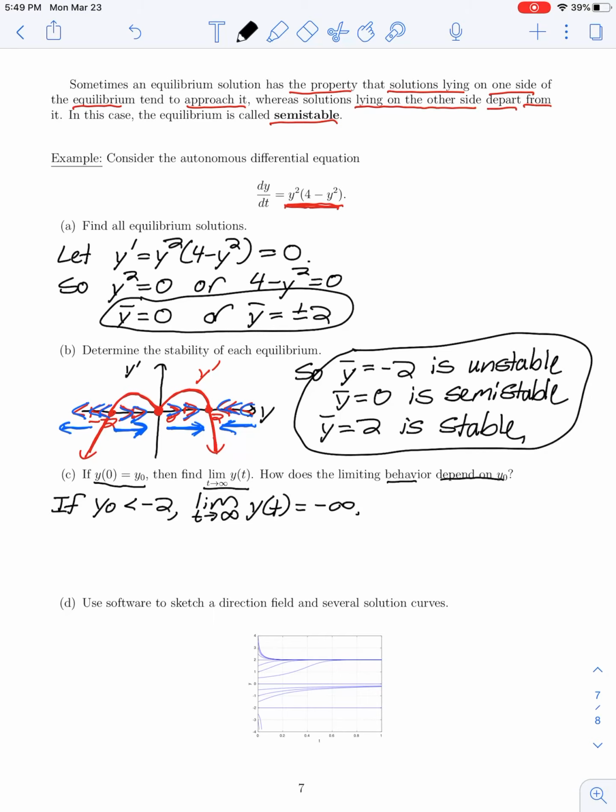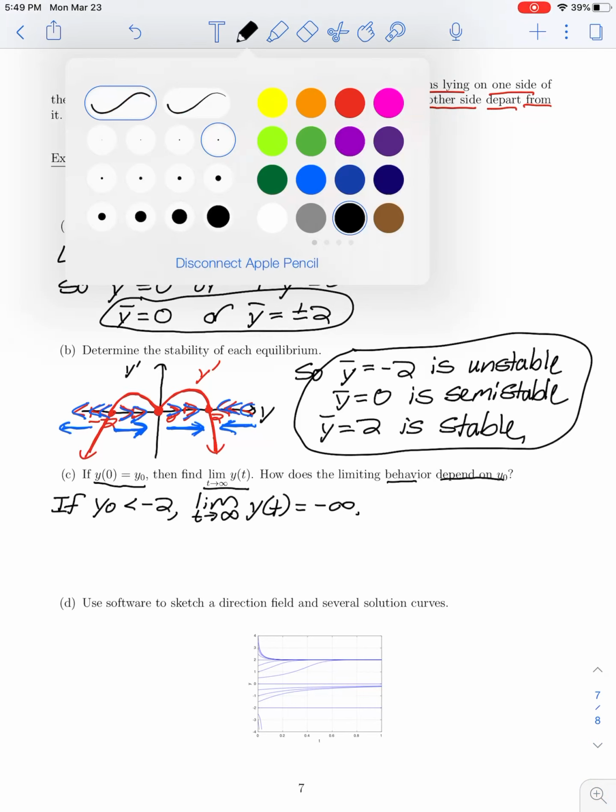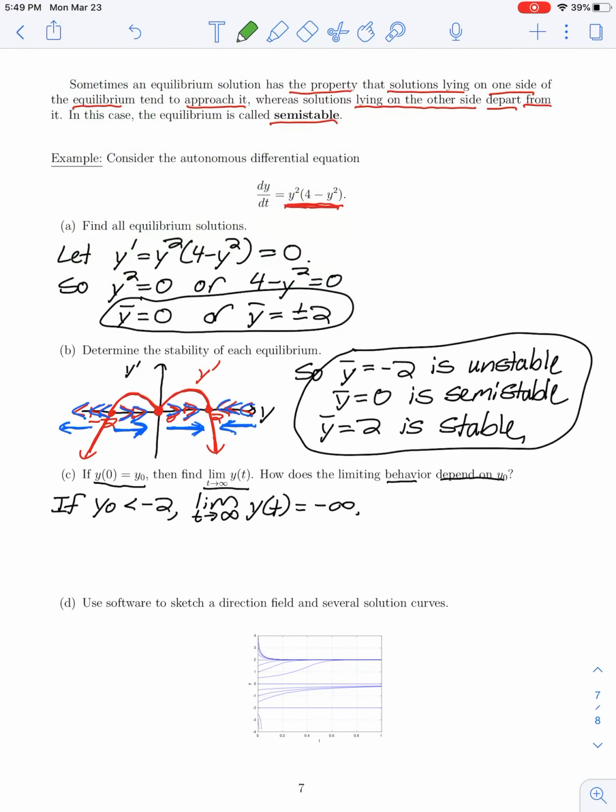So our limiting value would be -infinity. We can see that by looking at our phase line. If y naught was less than -2, our solutions keep decreasing without bound.